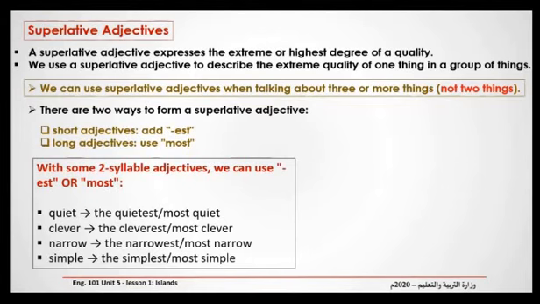For the word quiet, we can say the quietest or most quiet. Clever as well, narrow, and simple. Both ways are acceptable.